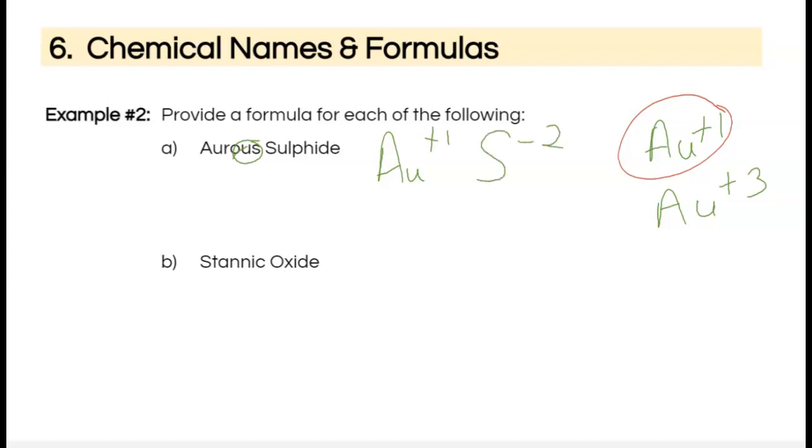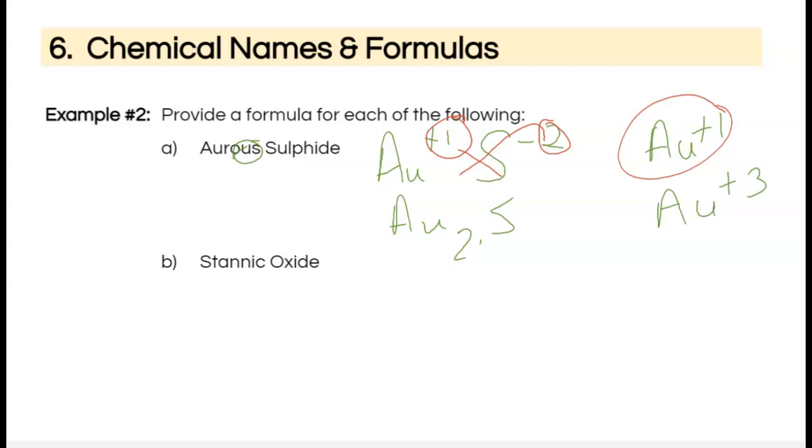And when I cross down those charges, same as always, the 1 and the 2 get crossed over, and I end up with Au2S. Okay, so hopefully you did okay with that.